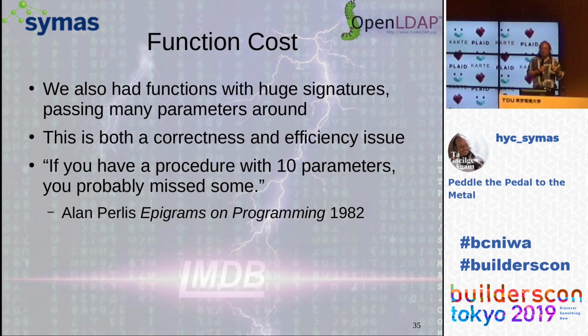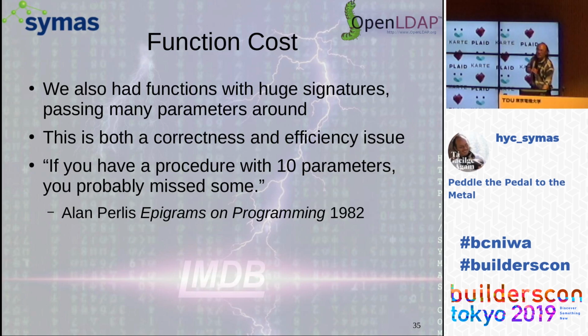And if we're going 5 or 10 levels deep in the call stack, that's a significant overhead. As Alan Perlis wrote, if you've got a function with 10 parameters, you've probably missed one. Once you've gotten to that number, you've probably overlooked something, so you've probably done something wrong.